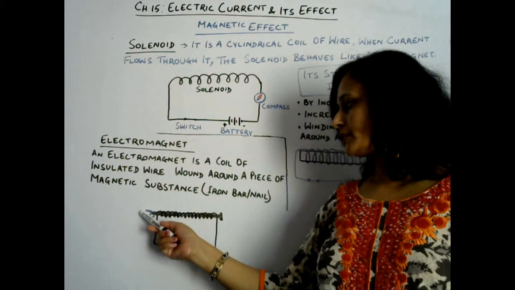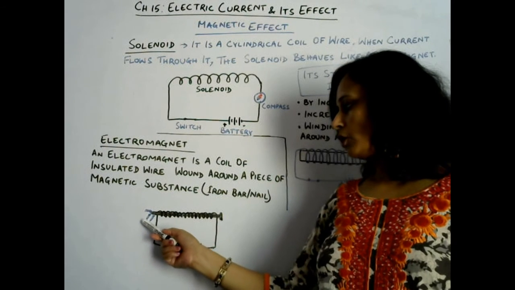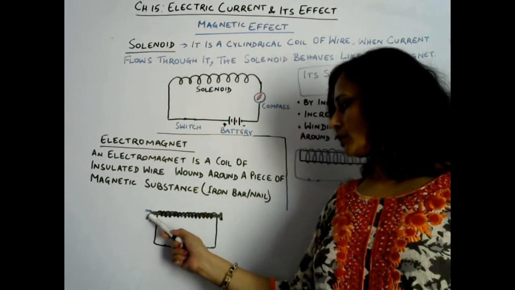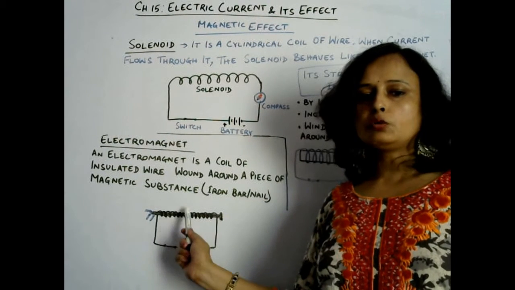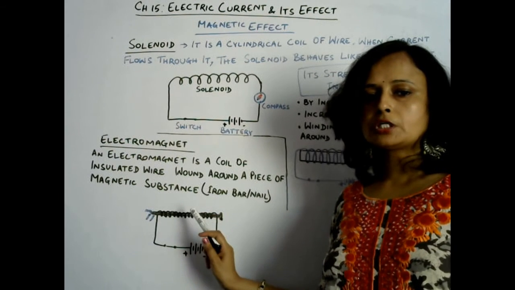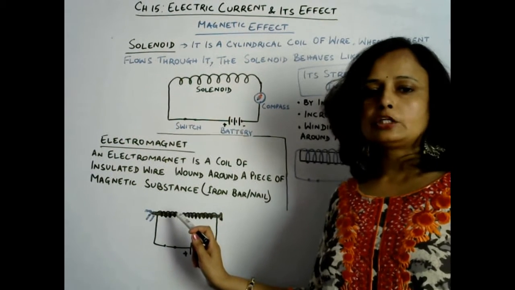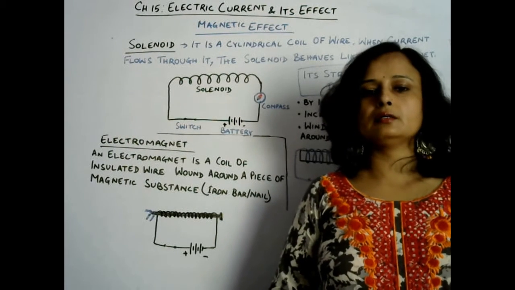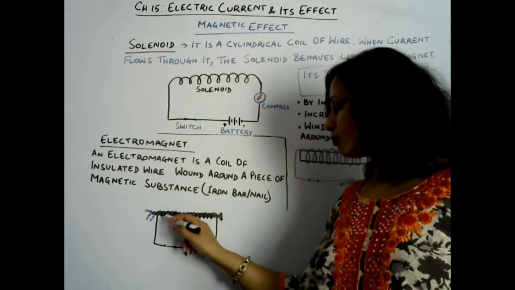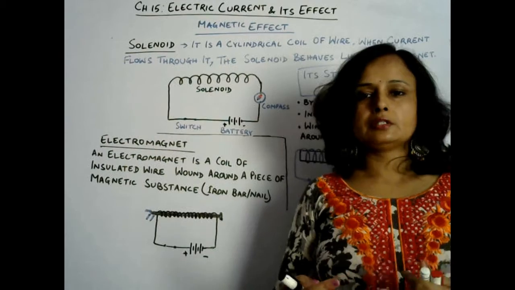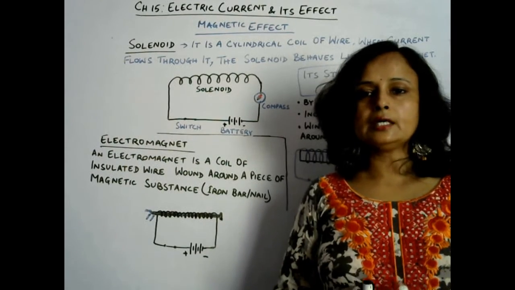Here are small iron pieces, and those are attracted by this electromagnet. How? Because we have coiled wire around the iron nail, and due to the coiling of wire around the iron nail, this iron nail will behave like a magnet.